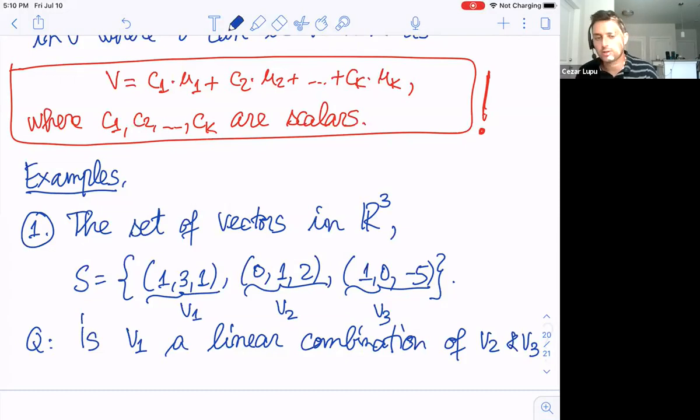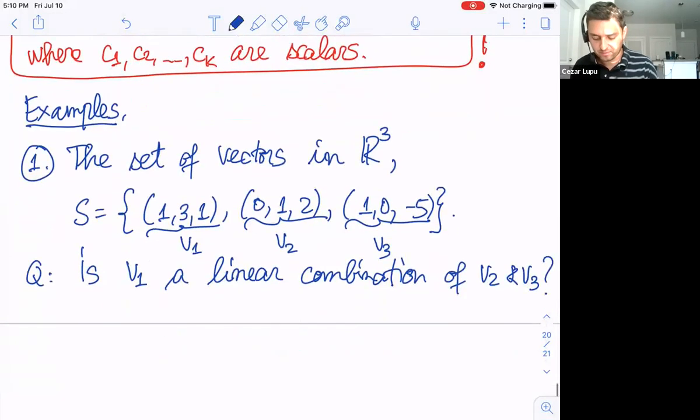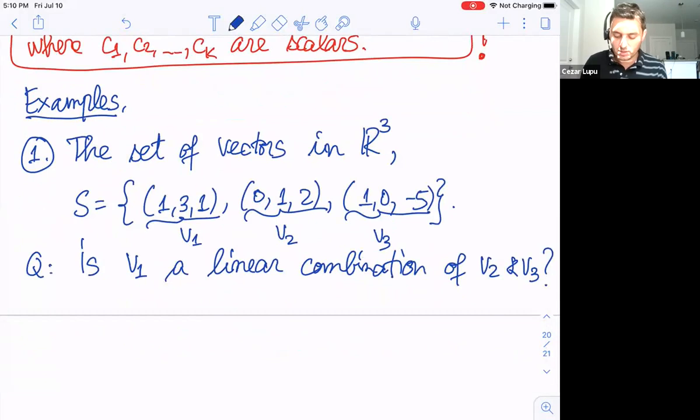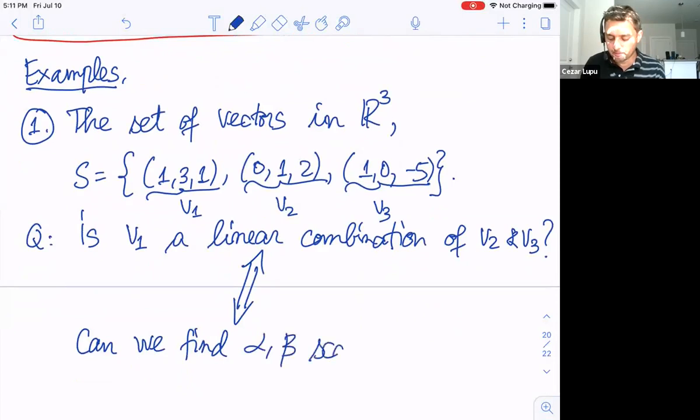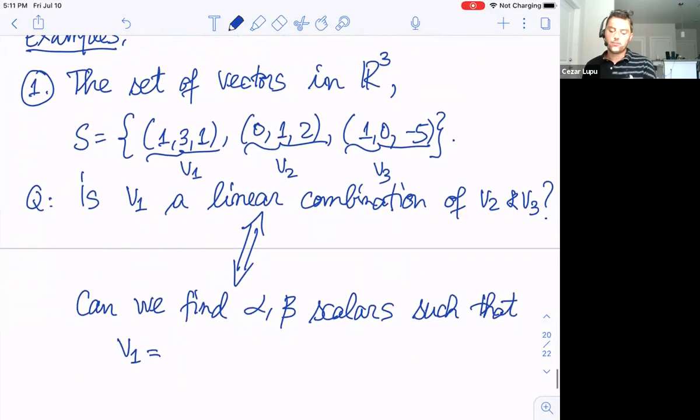In other words, let me translate this question: can we find scalars alpha and beta such that V1 can be written as alpha times V2 plus beta times V3? That is the question. What do you think?